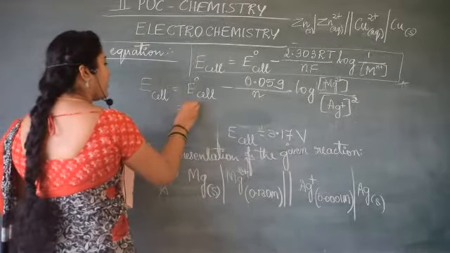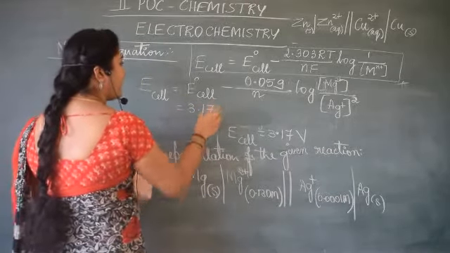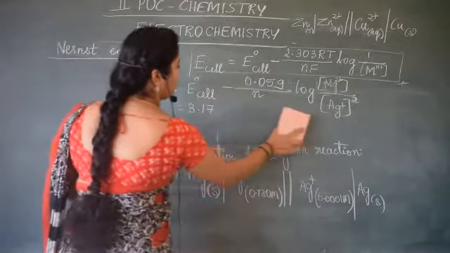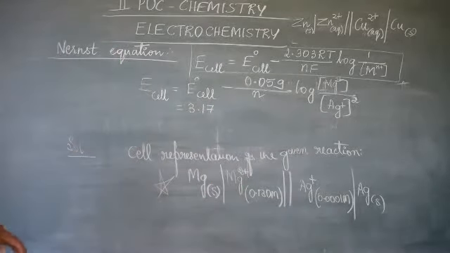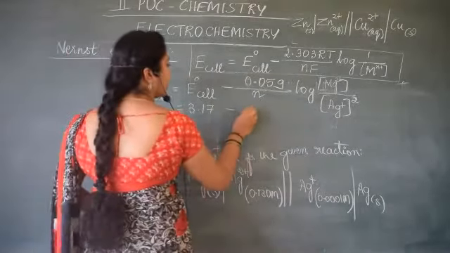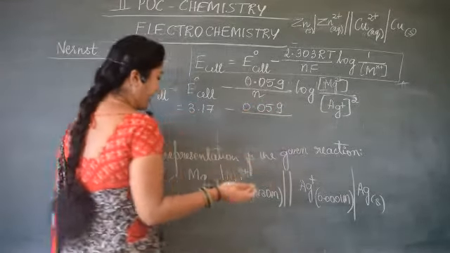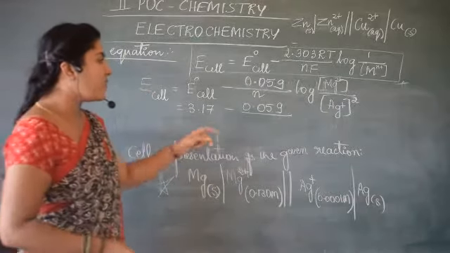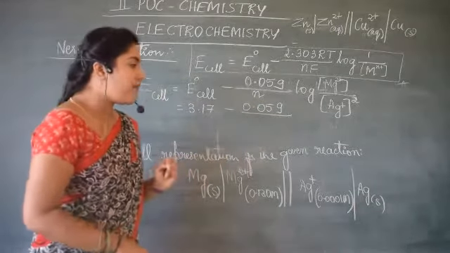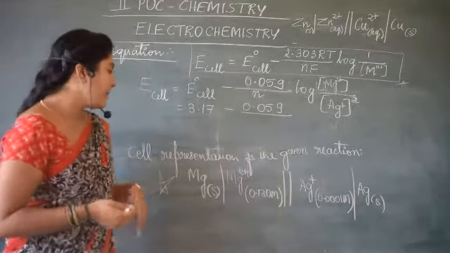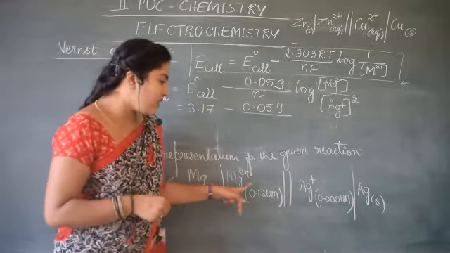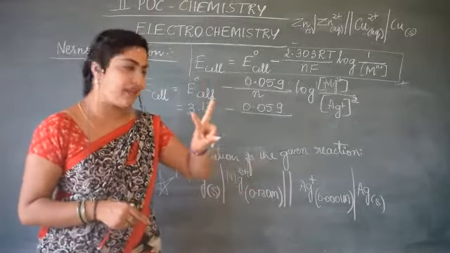So substitute 3.17 minus 0.059 whole divided by, now what you have to see is the number of electrons involved in the reaction. Mg is getting converted into Mg2+, that means 2 electrons.